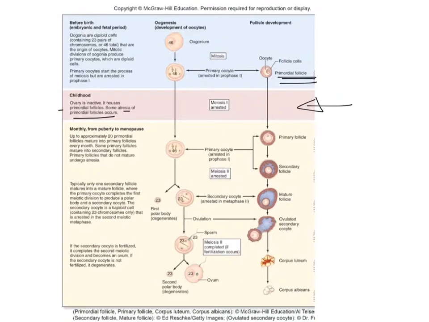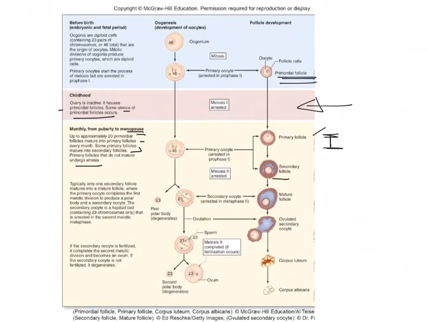Once you hit puberty, from puberty to menopause, about 20 primordial follicles mature into primary follicles. Some of them are going to become secondary, but some of them are just going to break down. The primary follicle is still in prophase 1, so it's got 46 chromosomes.